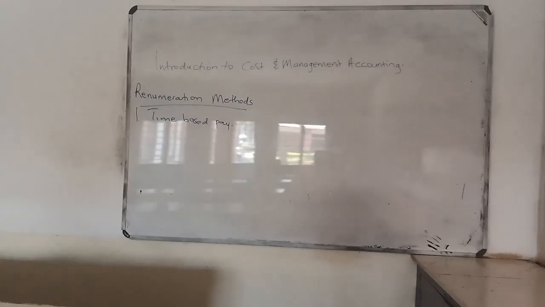Just because of your qualification, you have the same qualification as Banda, it means you are both going to be getting the same amount. Despite Banda works too much and you don't, you are still going to get that. So no measurement of the activities that you do.